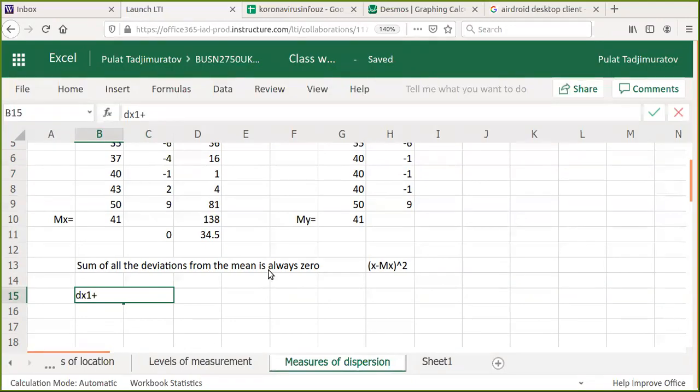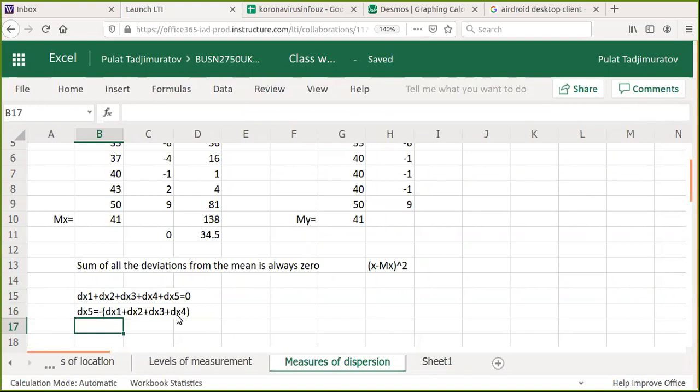So we need to have dx1 plus dx2, dx3, dx4, and dx5 equal to 0. But that means that our dx5 will always be minus dx1, dx2, dx3, dx4. So those numbers are not independent.